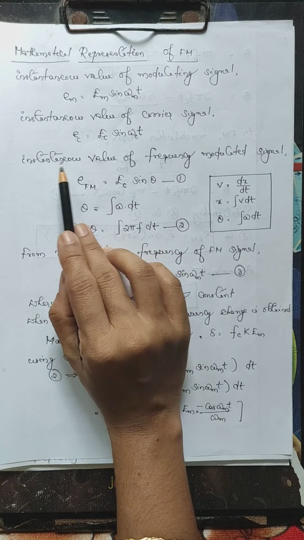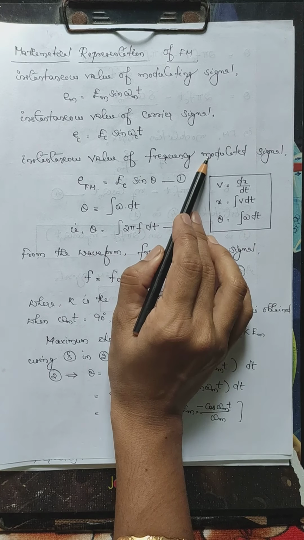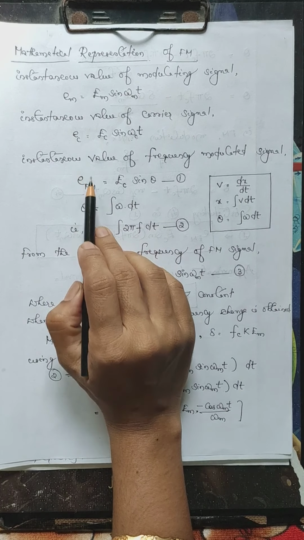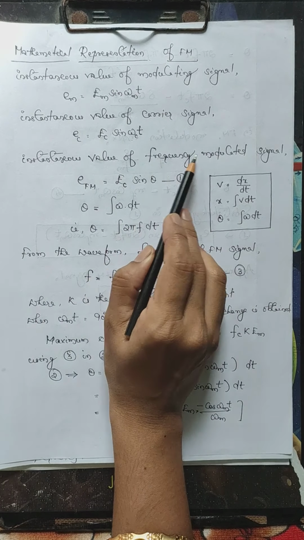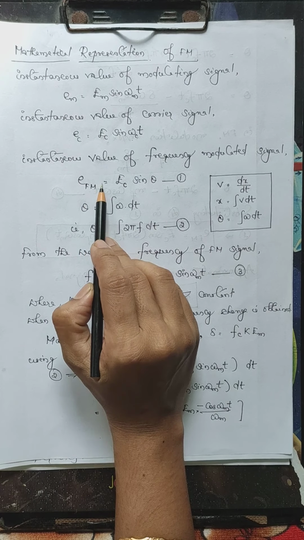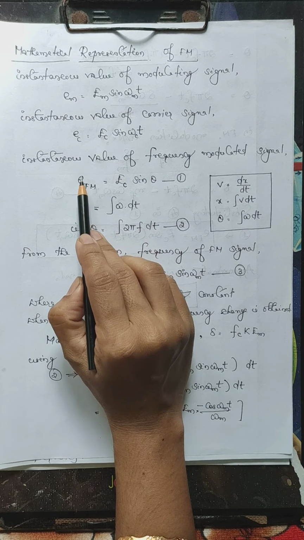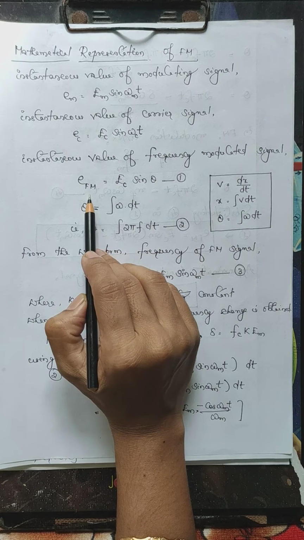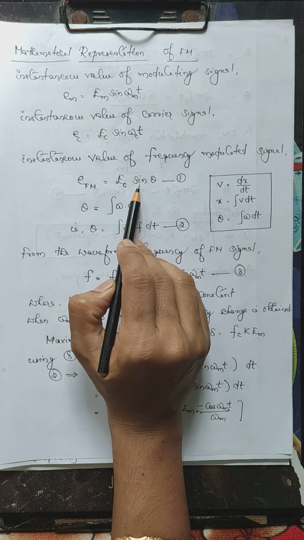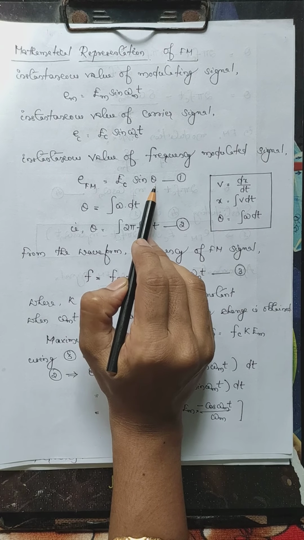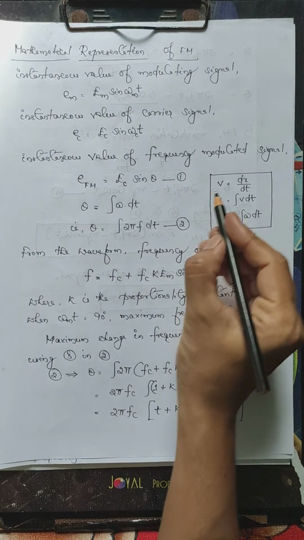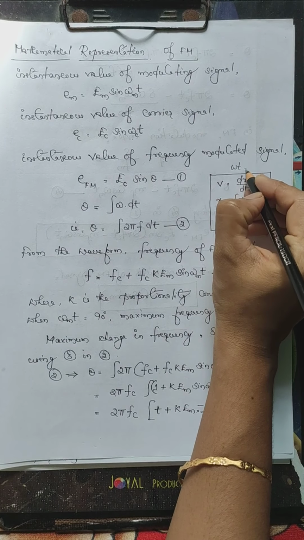Now the instantaneous value of the frequency modulated signal, denoted as eFM. The instantaneous value of all AC waveforms is equal to its maximum value into sin omega t, or sin theta. We know omega t is equal to theta.